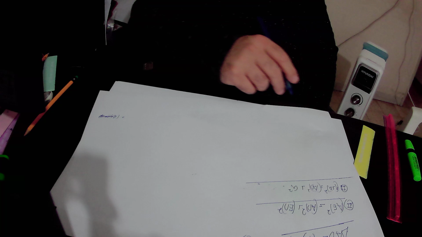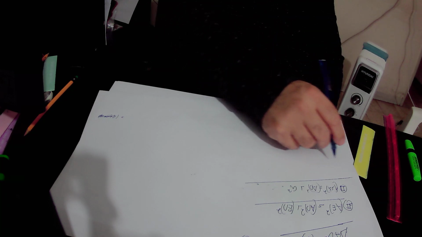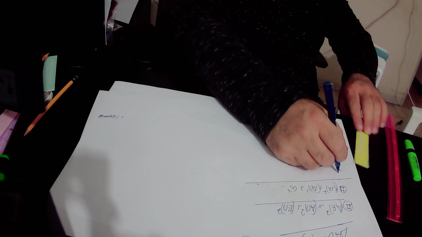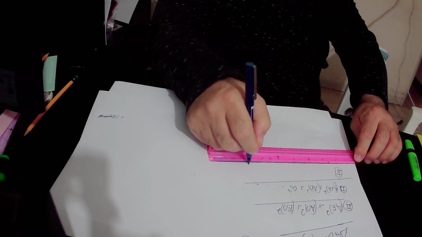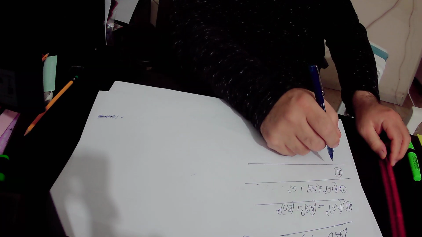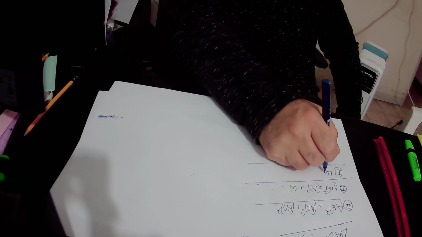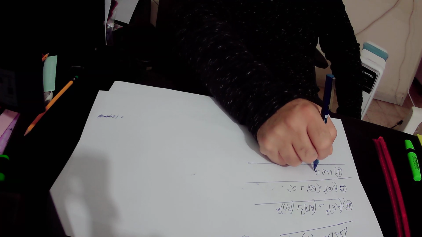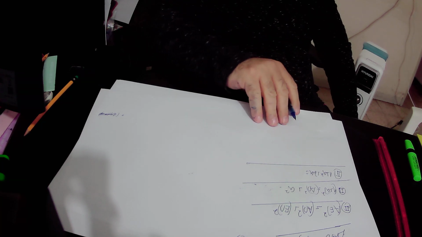We'll open the brackets on this side of equation number 2, and we'll get that according to equation number 2, (1 plus A) squared equals 1 plus A squared plus 2A, and it is equal to AD squared.